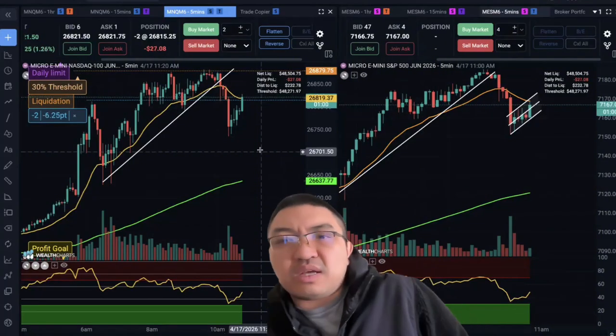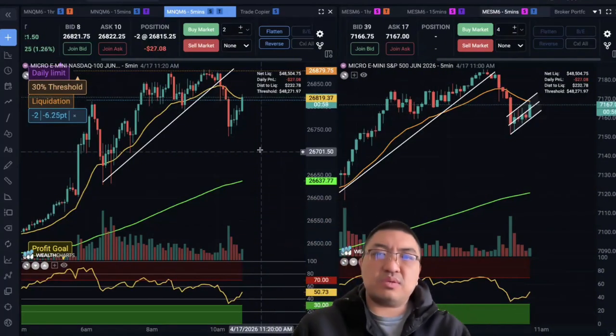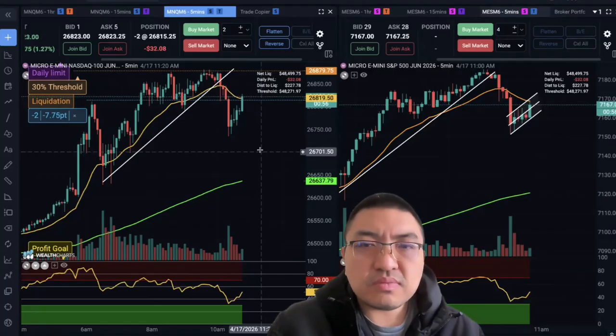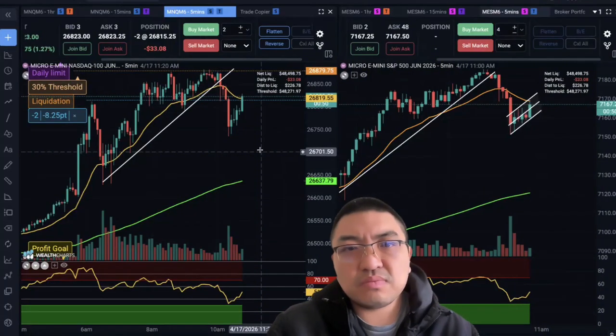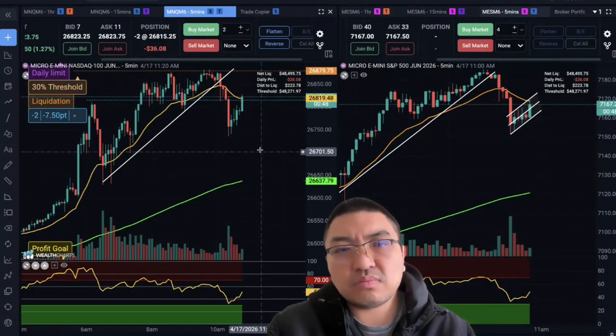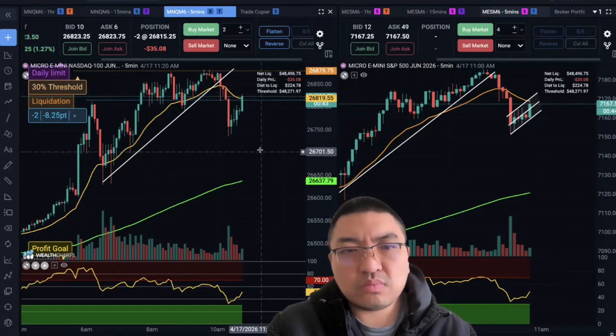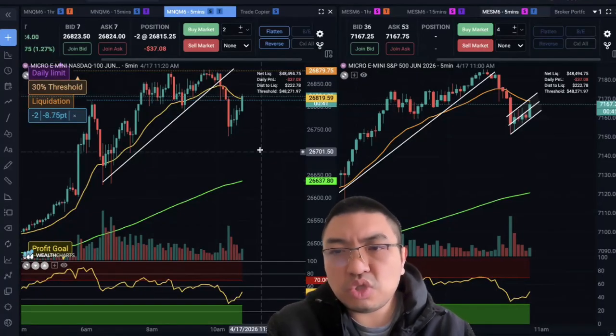Okay, yes, still cannot break the EMA 21. Last minute, let's see if NQ can stay above the EMA 21. So ES reached the upper bar of the channel.